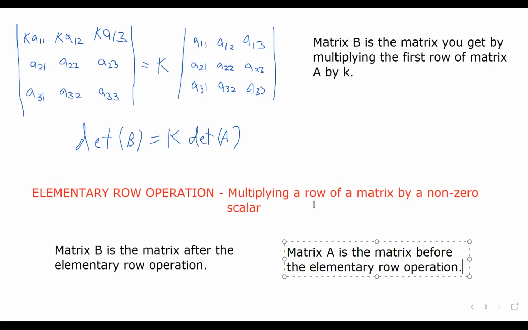So the matrix on the right is the matrix before the elementary row operation, and matrix B is the matrix after it. On this slide, the elementary row operation is multiplying a row of a matrix by a non-zero scalar. We only multiplied one row by that scalar, not the entire matrix.